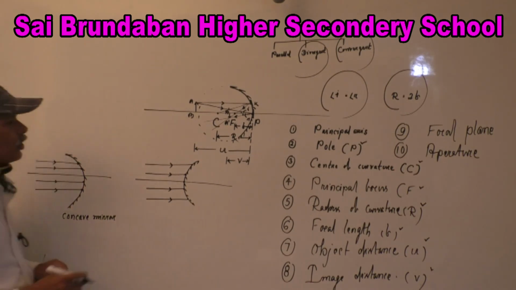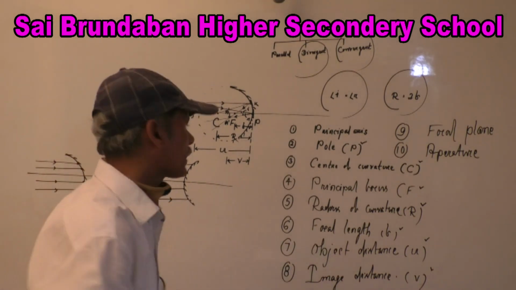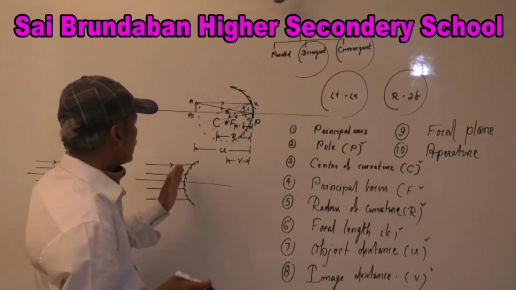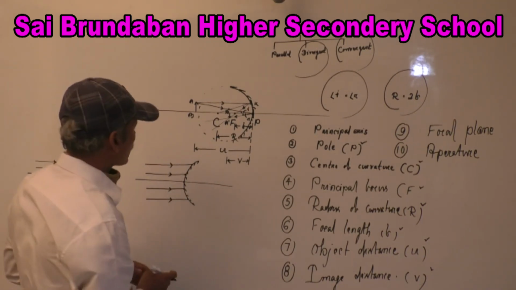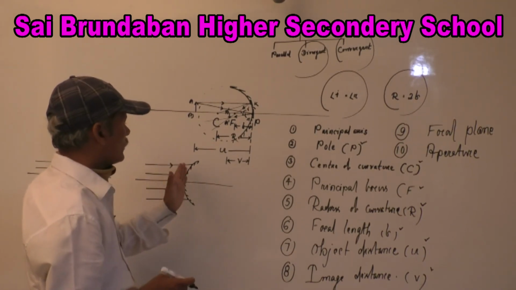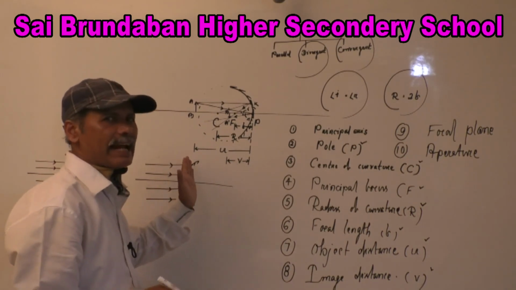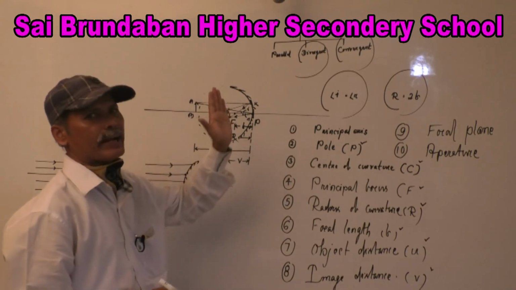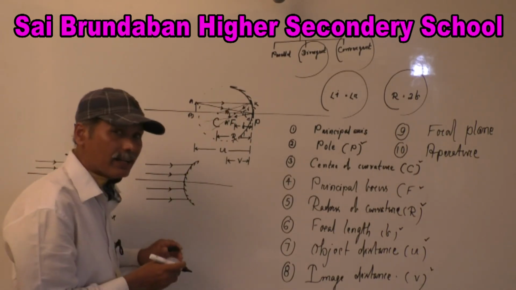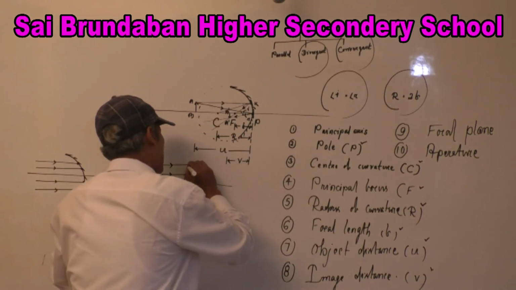What happened? In this case, the reflected rays bend away. Why? Because you draw a tangent first.